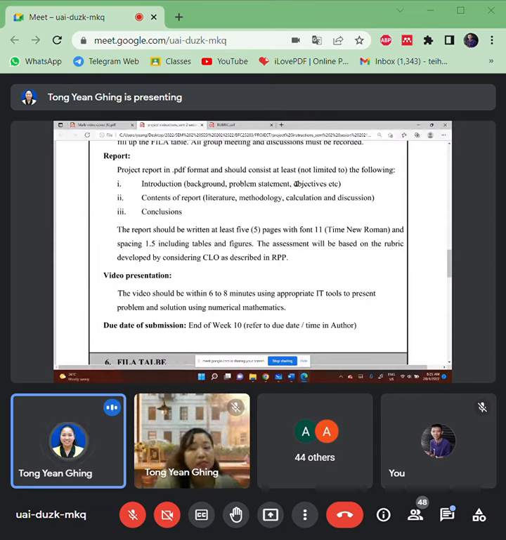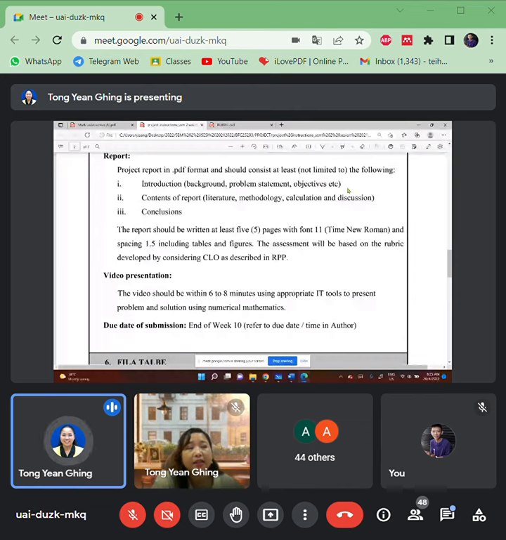Maybe the second objective: if the depth cannot hold it, do you want to dig to enlarge it or make it deeper? So how deep, or how big, if you want to enlarge the river.